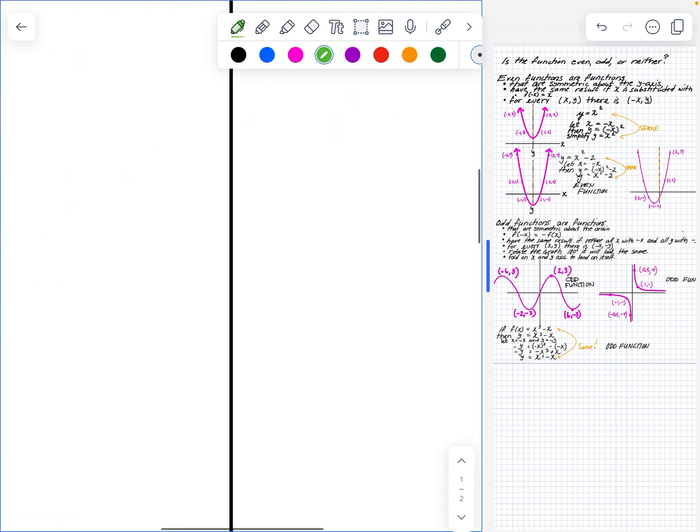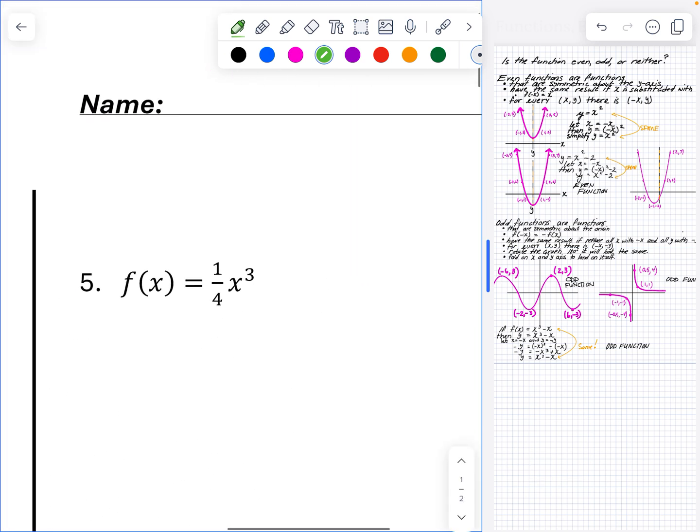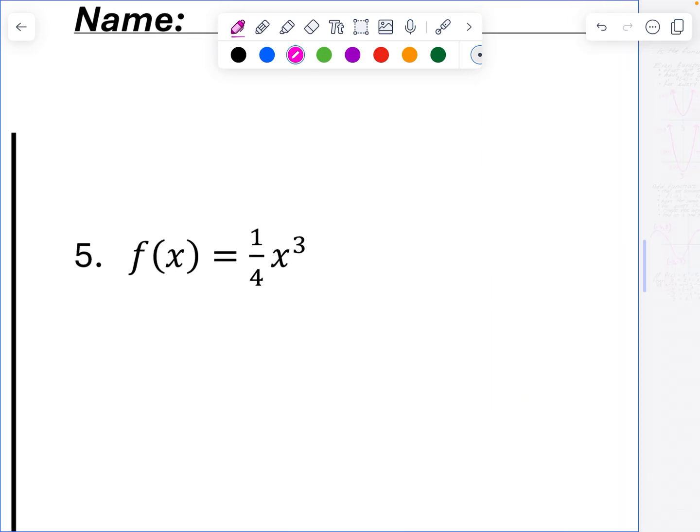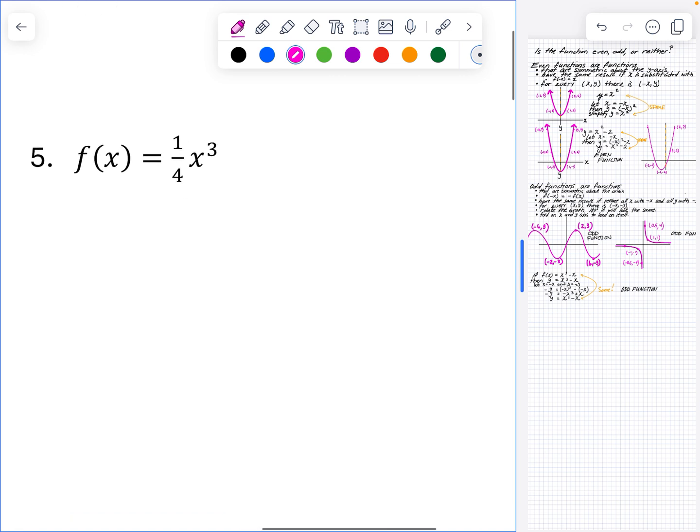Okay? So then let's look at this. All right. If I'm going to check for even, I'm first going to write the problem y equals 1/4 x to the third power.